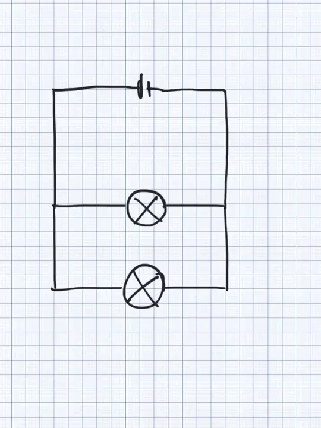Let's now take a look at a parallel circuit and the way that current flows through that. So here we can say that total current, so that means the current that goes back here, goes back into the cell.